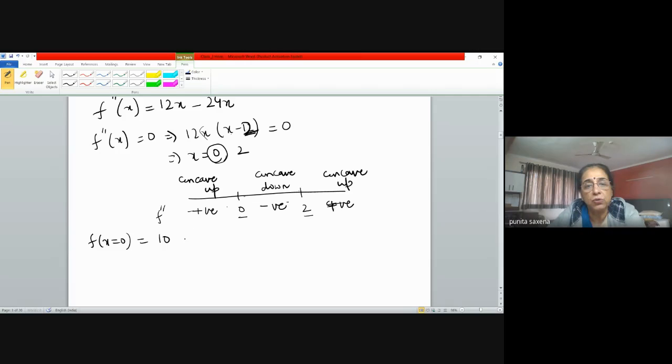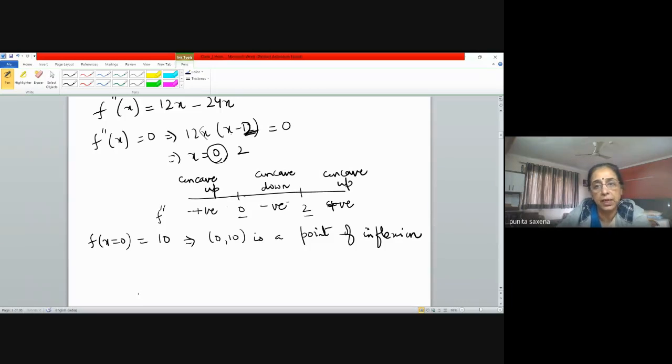Yeah, so we'll conclude that 0, 10 is a point of inflection. Okay, now what about x equal to 2?